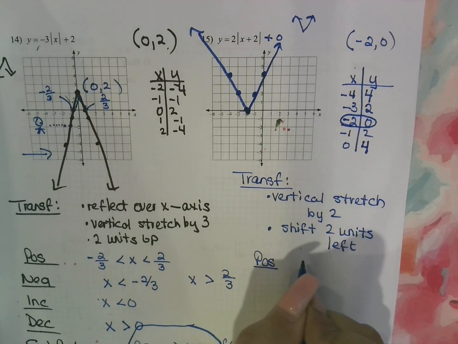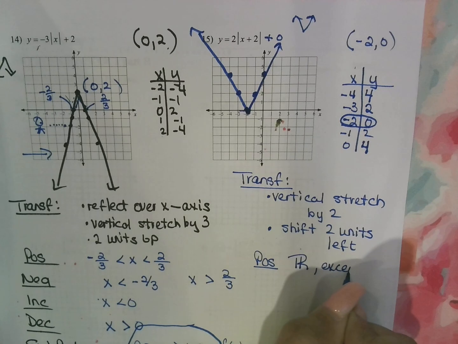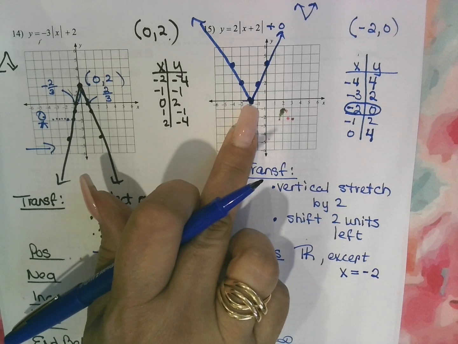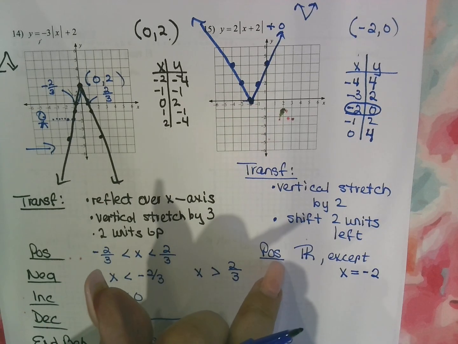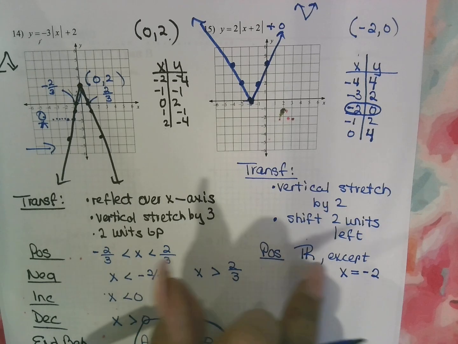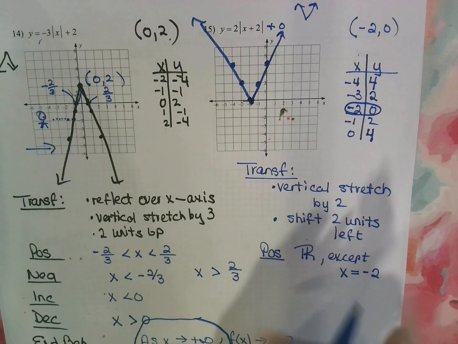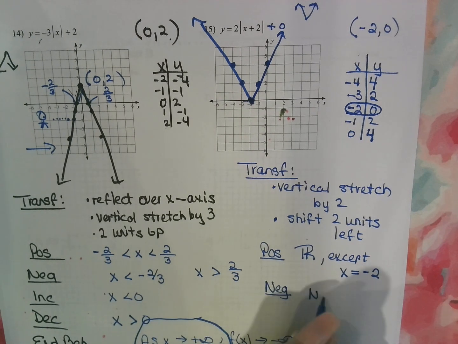I'm going to say it's positive for all real numbers except when x equals -2. And the reason is, at -2, it's not positive. It's 0. So for positive, we're going to put all real numbers with the exception of x being -2. That's going to be excluded. For negative, that one's easy. It's never going to be negative, so not applicable.